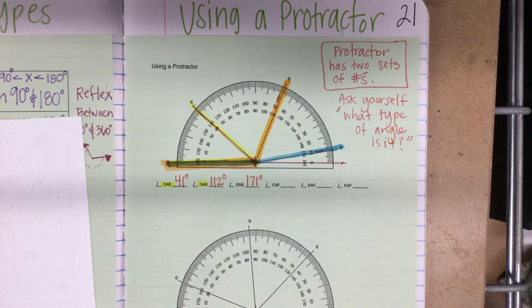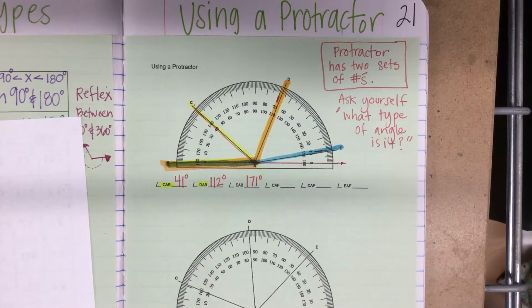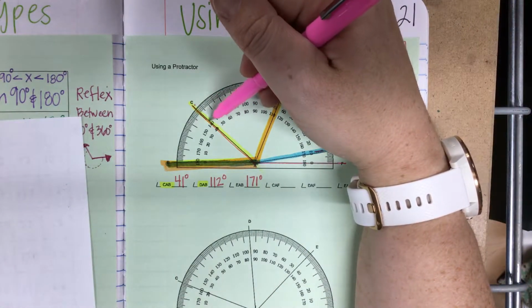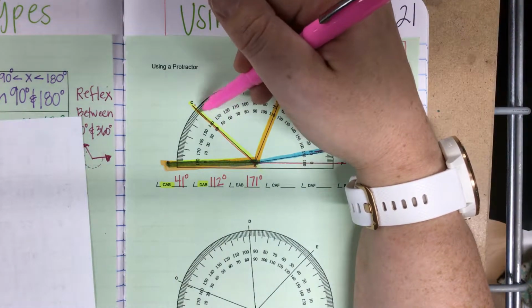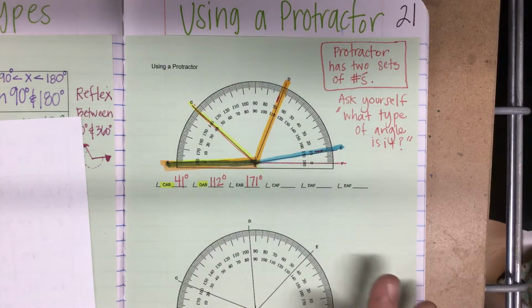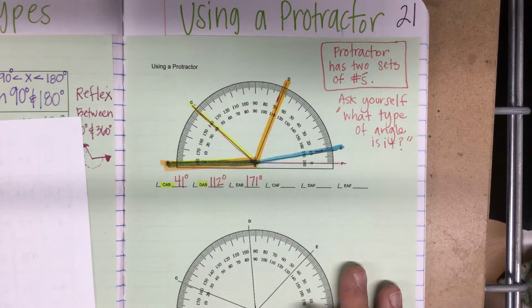Obtuse. So I'm going to use the bigger value. And it's not on the line, it's one above the line. So is it 140? No. What is it? Not 141. Not 142. It's one above it. Pay attention to what direction those numbers are going in that top row.